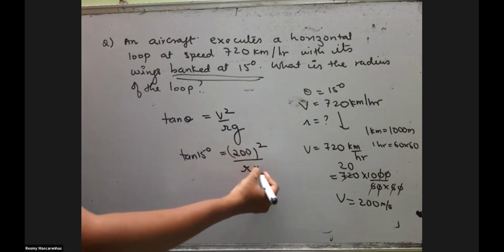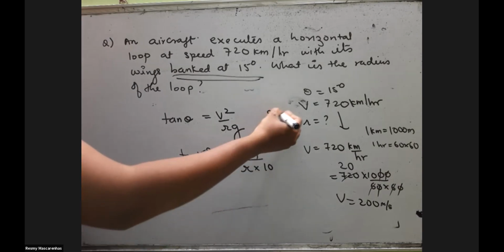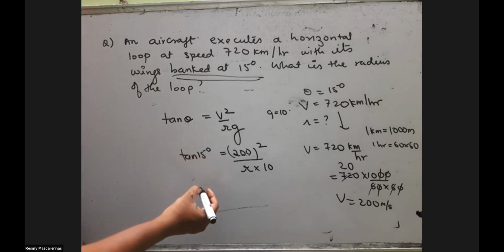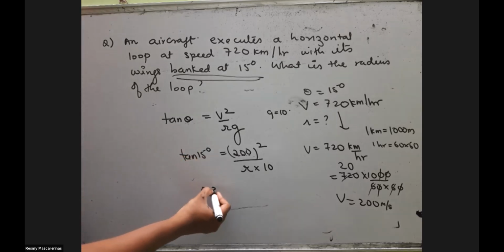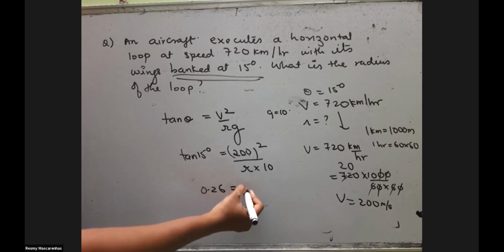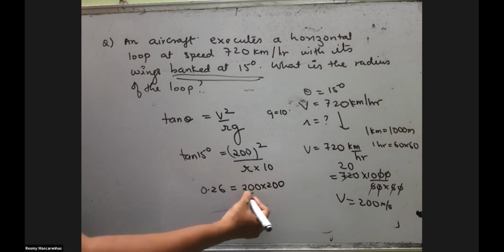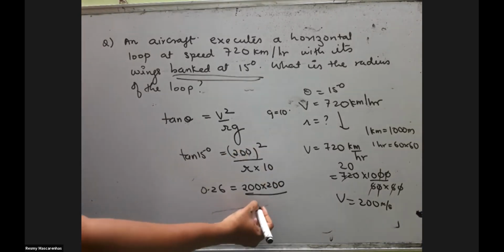Radius we have to calculate. Gravity we can take as 10 or 9.8. So what will happen? Tan 15 is coming out to be around 0.26. So 200 square, you can write it as 200 into 200 two times.